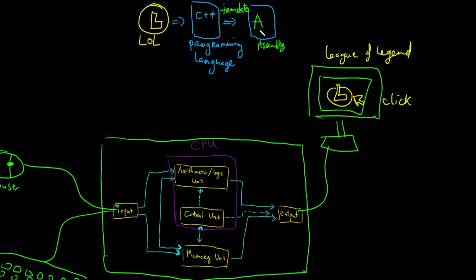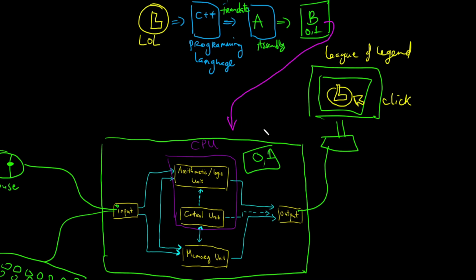For now, you guys just know that from C++, it has to be translated to assembly, and from assembly, as I told you guys, what language does a computer understand? 0 and 1, either 0 or 1, right? So that means we have to translate assembly to binary, which is B, binary, 0 or 1. And once it is translated into binary, we can finally send this binary to the computer.